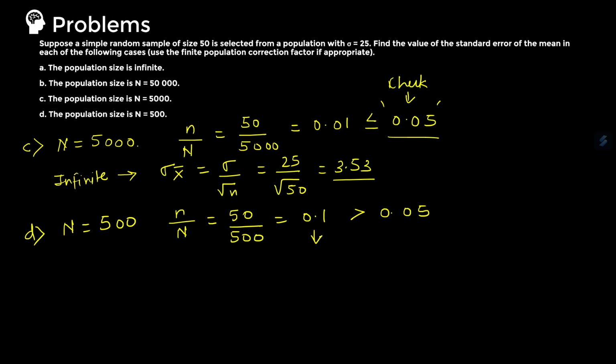Okay, when you convert this into percentage, multiply by 100, this is 10%, this is 5%. So 10% is greater than 5%, meaning that the case is changing here. Our population is finite in this case now.